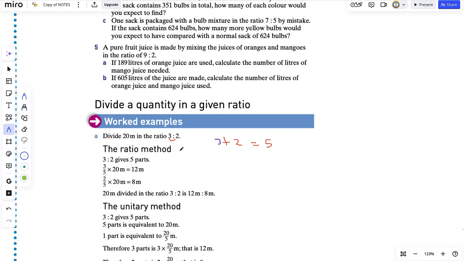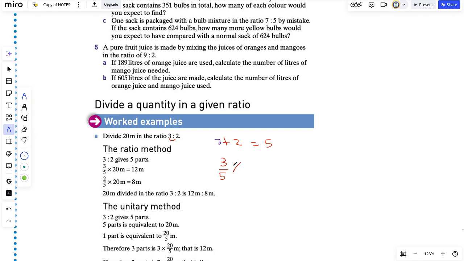Now because you are dividing this in this ratio, for ratio 3, let's assume ratio 3 is for someone. If you want to know what they will get, you say 3 over 5, 3 over the sum of the ratio times whatever you're dividing.